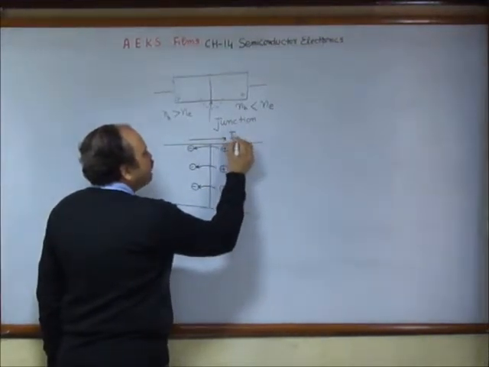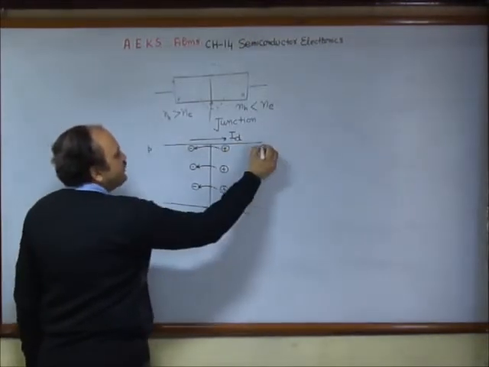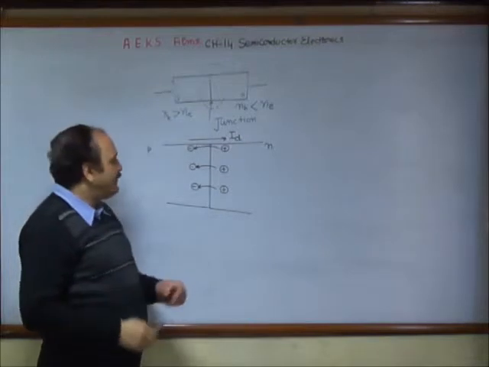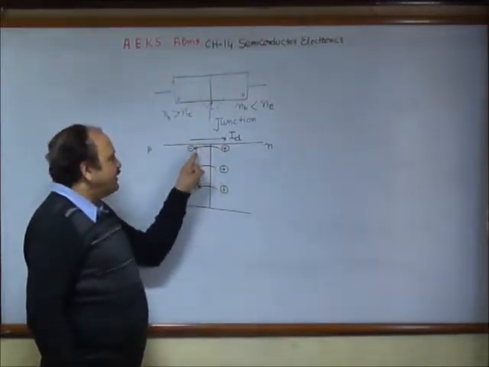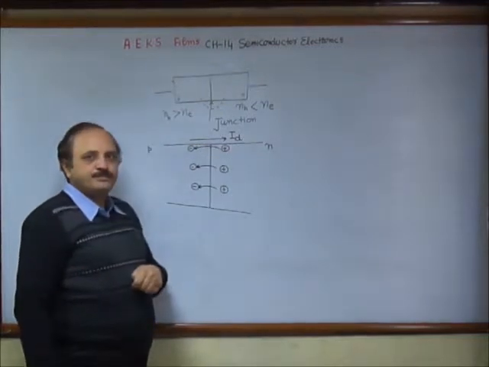We call it the diffusion current ID, which is from the P region to the N region. Please try to understand this: as the electrons are coming here, the corresponding current is in the opposite direction.